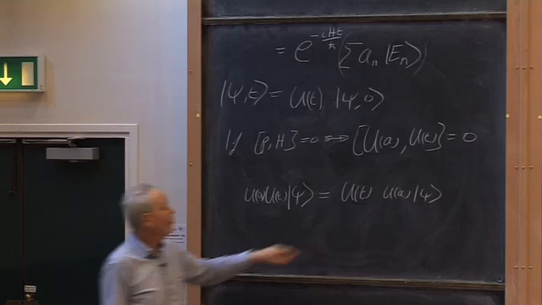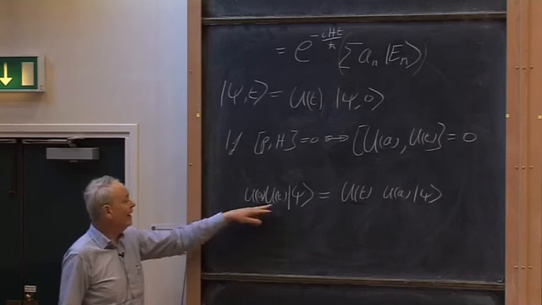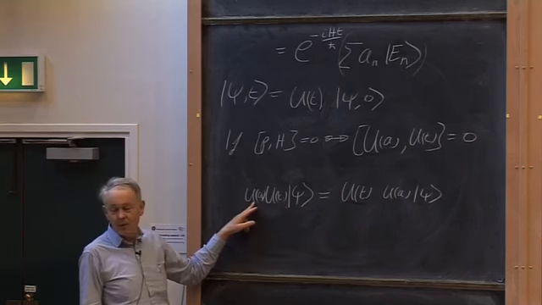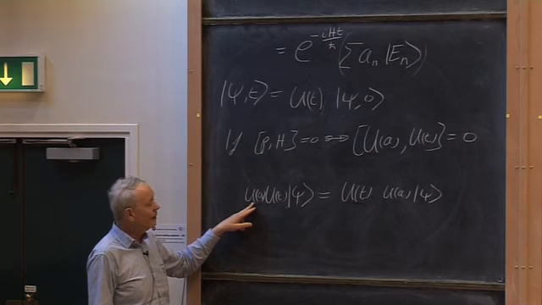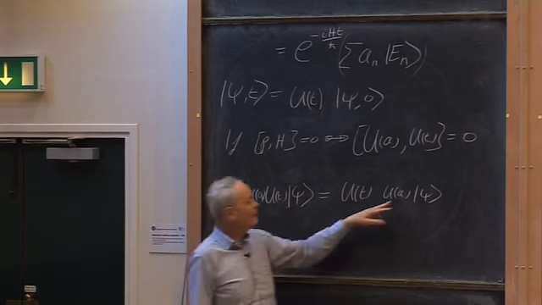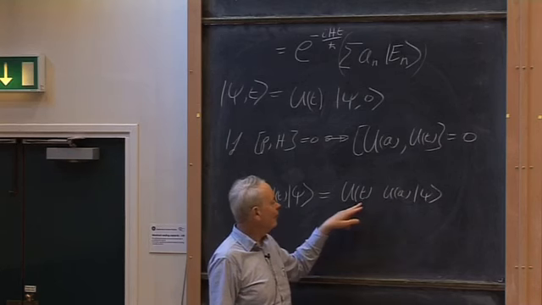It says that whether you let it evolve here and then move it to the point where you want to have it, that will give you the same results as if you move it now and let it evolve over there.